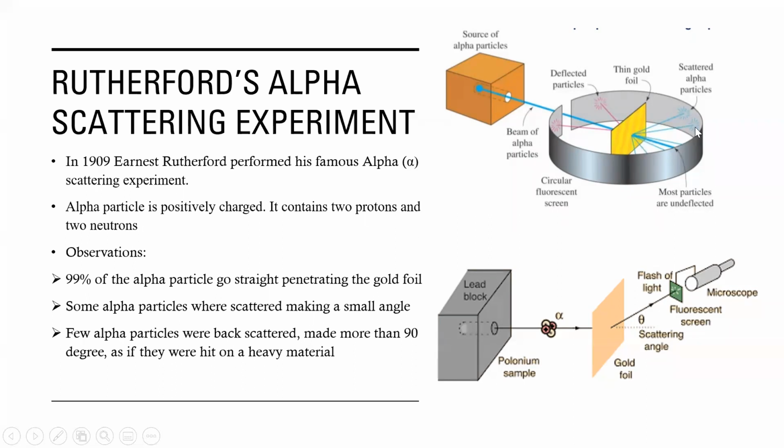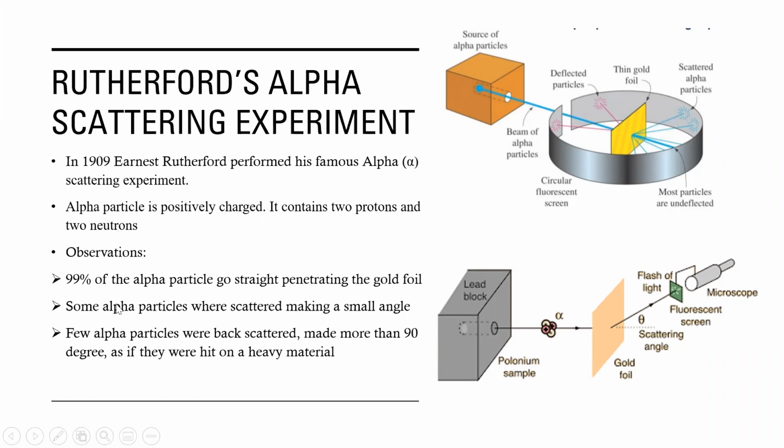Scintillations need not be blue, but these blue lines show that some alpha particles deviated from their original straight line path. Definitely it will be less than 1% of the alpha particles coming here. So they got deviated through small angles.